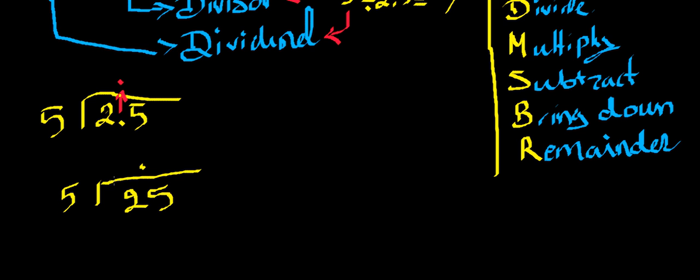So first is 5. So I ask myself, how many times does 5 go into 2? So I'm basically dividing, and this would be 0. And then I'll multiply, 5 times 0 is 0, and I put it right below 2, and I subtract. So this would be 2. And then I bring the 5 down, and I have my remainder.